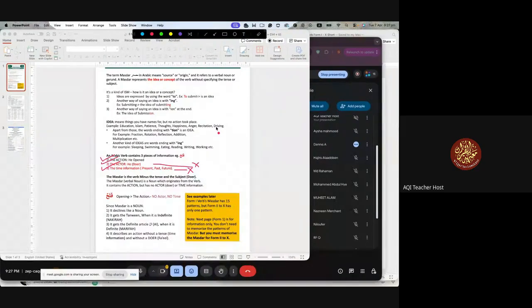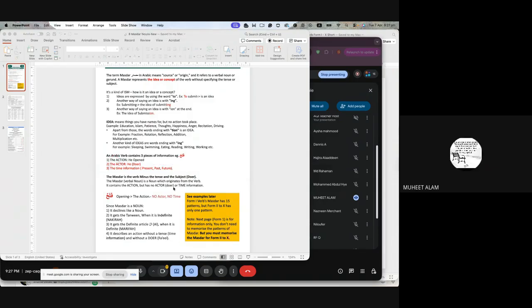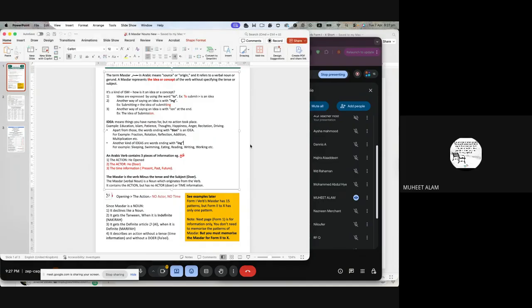It's beautiful, inshallah. Ustad Zubia, before that, do you want to just touch on this? Form 1, how many Masdar form patterns are there? Just a little bit, please. Yes, Ustad. I was just making the difference between verb and masdar, and the masdar is on the next page, I guess.